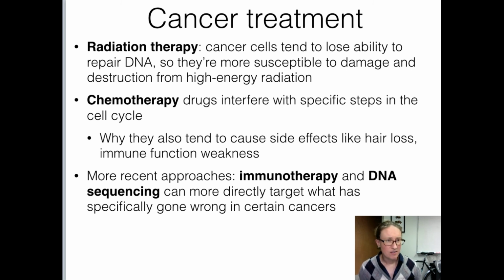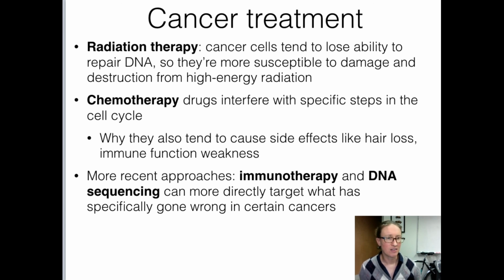But in any case, there's a range of ways that we treat cancers now, and they vary in their level of precision. One treatment method is radiation therapy. What radiation therapy does is it bombards usually a localized place with radiation.